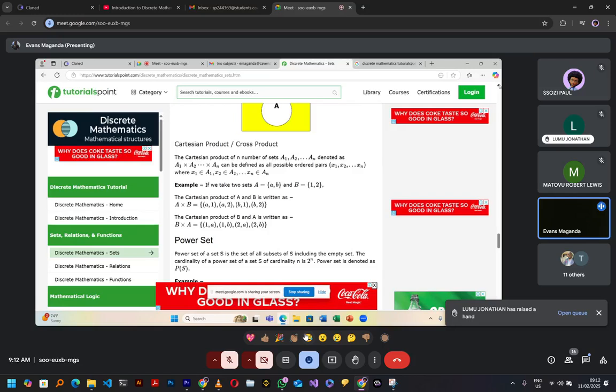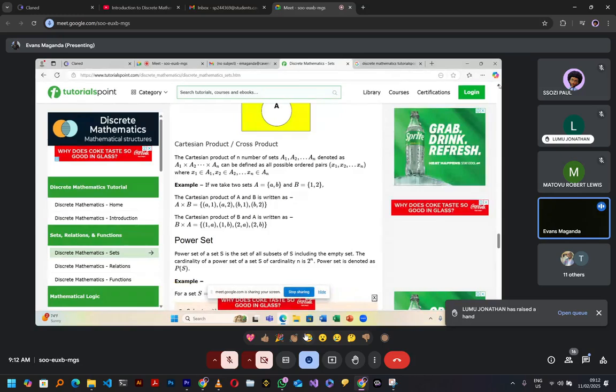One important thing is that in the Cartesian product, you are representing the pairs as elements. Are we together? You're not having the individual elements, but you are representing the pairs. Because with the Cartesian product, you're looking at the relationship between the elements in set A and the elements in set B. If these are quantifiable numbers, you can even plot a graph and establish whether there is a linear or non-linear relationship between those elements.